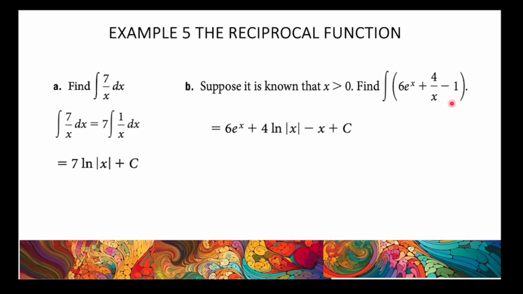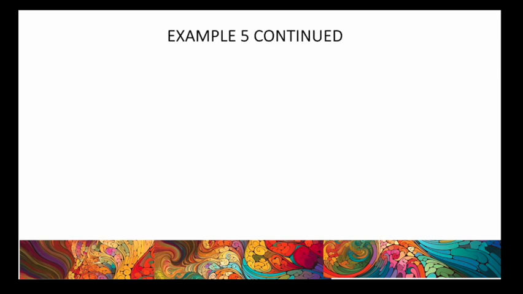We have -1, and we know that when we have a constant, I just add the variable in front of it. So I have a -1x. And then, of course, we add in our arbitrary constant, c. Now, this is correct. However, because of this statement, we can also write it without the absolute values.